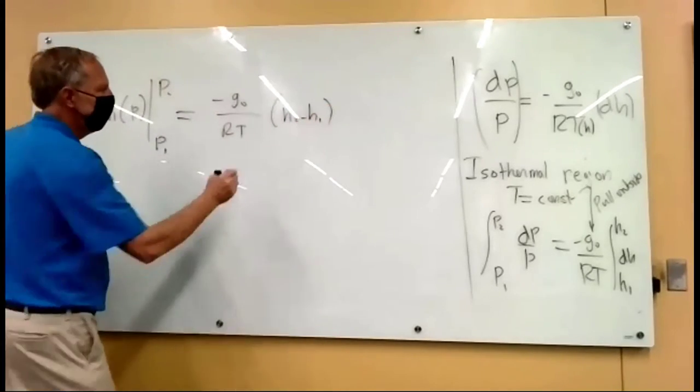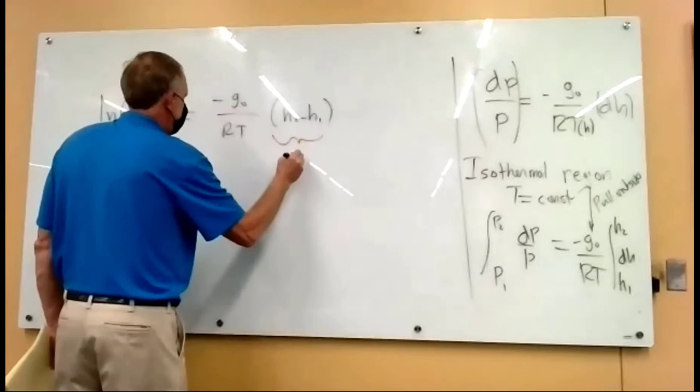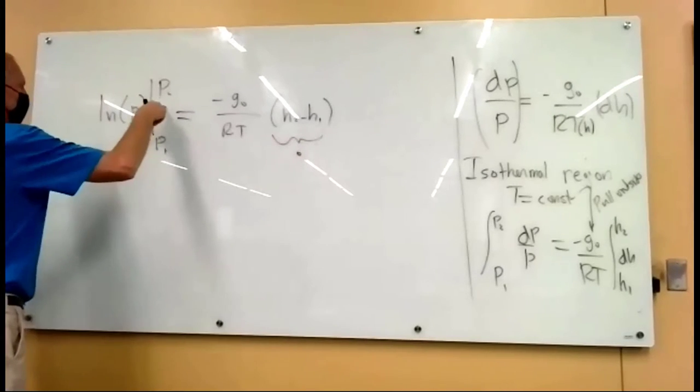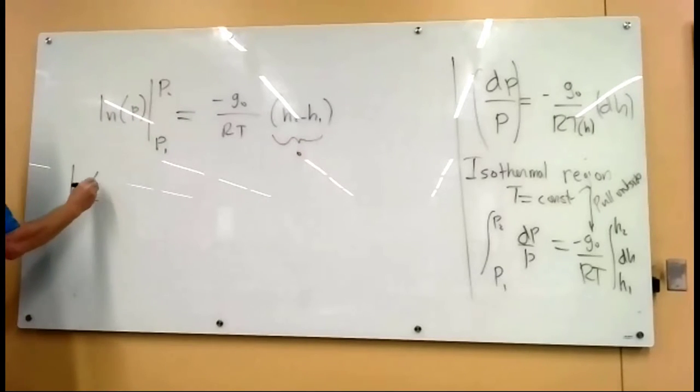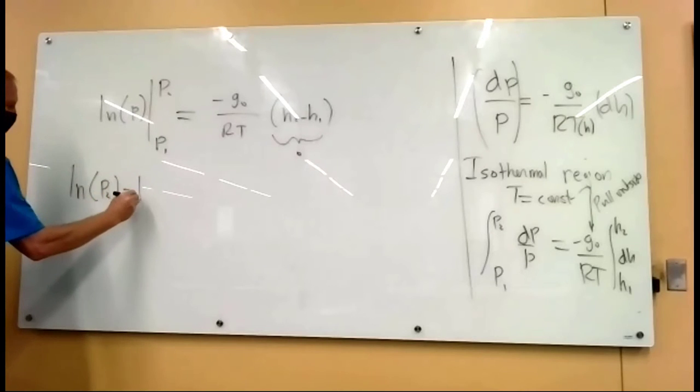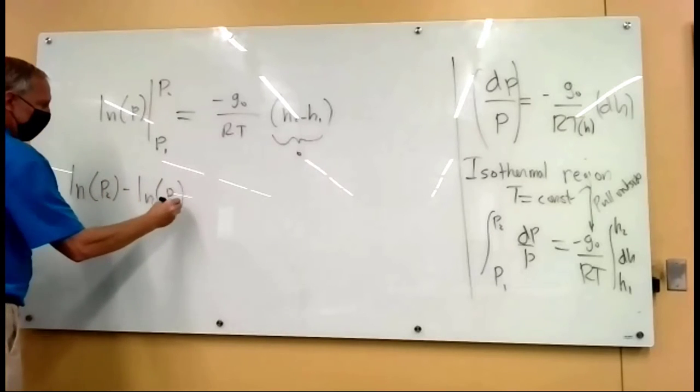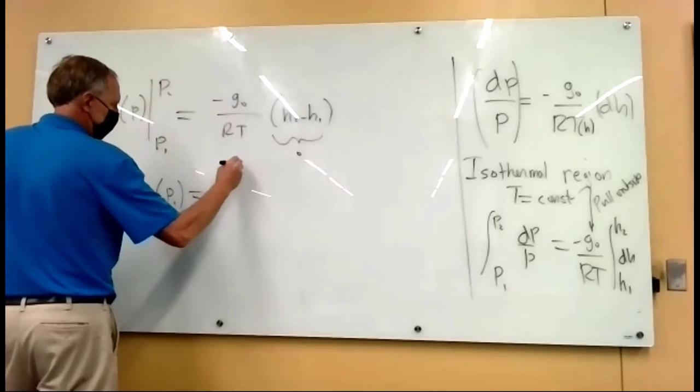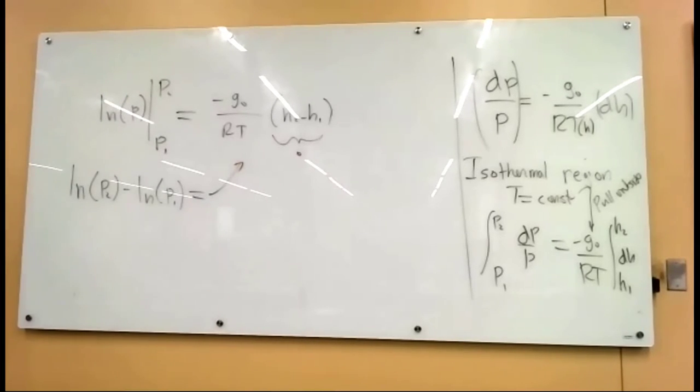So what this says is if we go up in altitude this much, then we plug in these limits. If we go up in altitude that much, then we change in pressure this much.